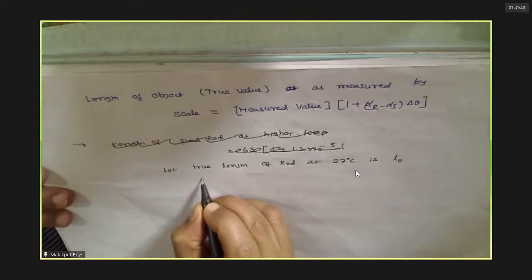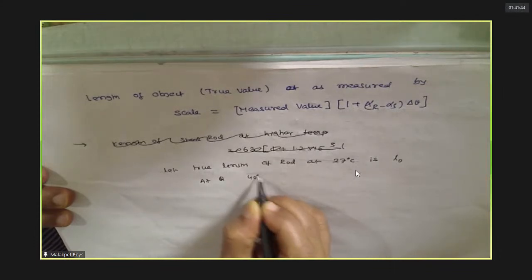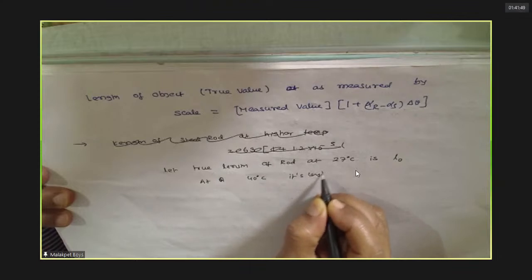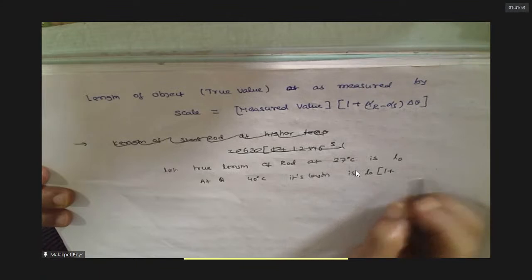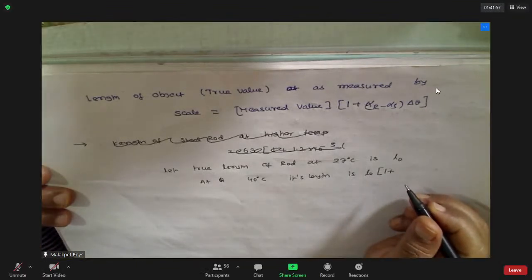So at higher temperature, what will be its length? 63 centimeters. What is the steel one he gave? 63, sir. 1.2 into 10 power minus 5.